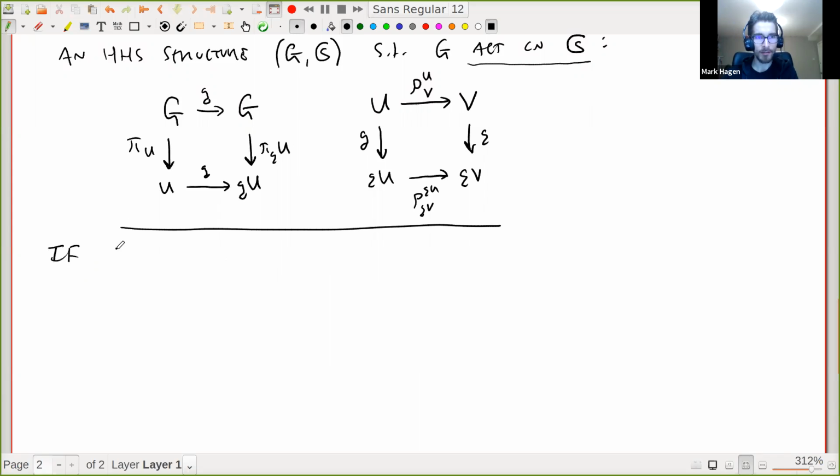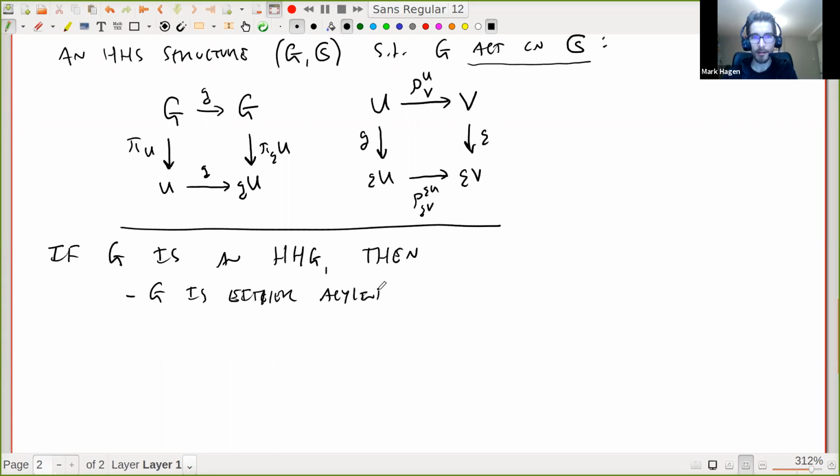So if G is an HHG, then G is either acylindrically hyperbolic, which has a lot of consequences like SQ universality and things like that, or it's quasi-isometric to a product of two unbounded spaces.